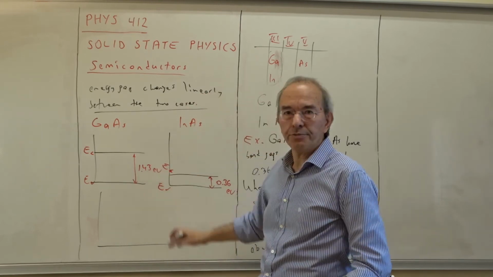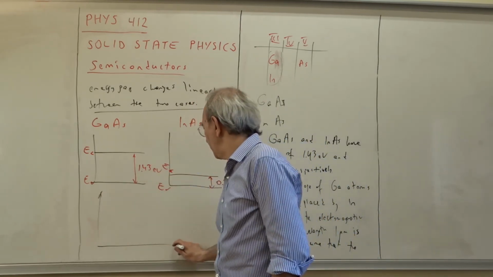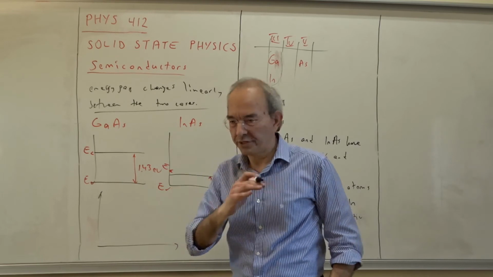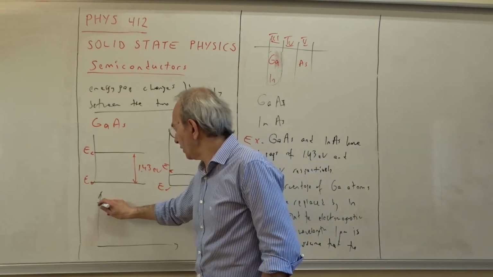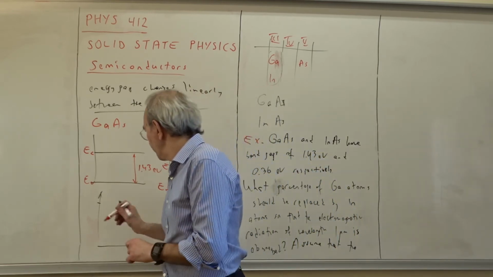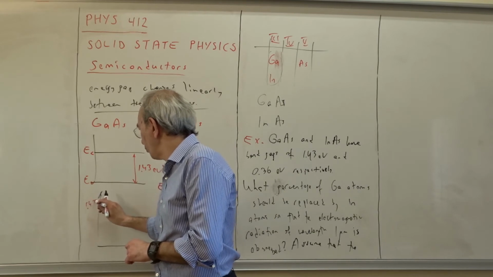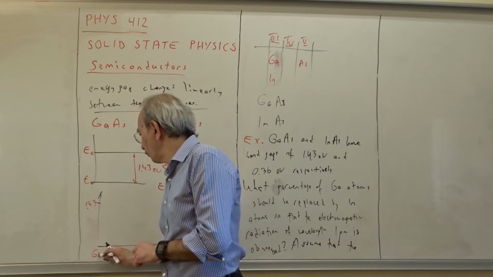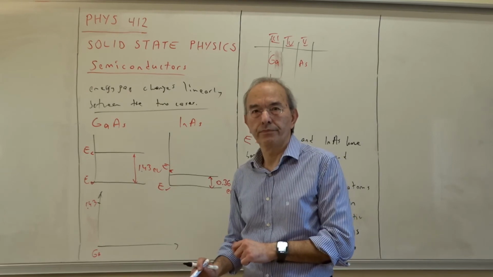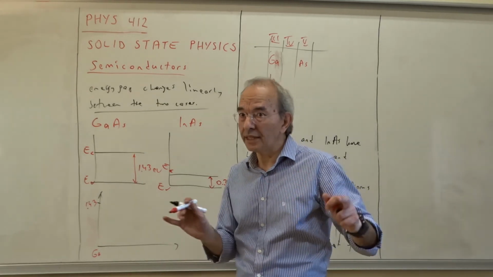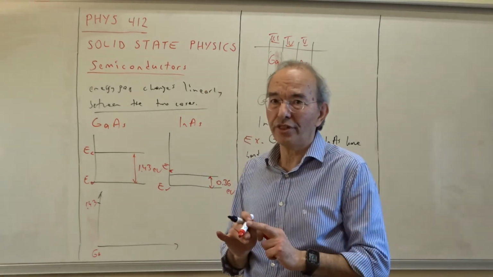Now this is not the energy picture. This is the XY plane, for instance. In the first case, let's say we have 1.43, which is corresponding to the full gallium arsenide. As far as arsenide is concerned, there is no change.